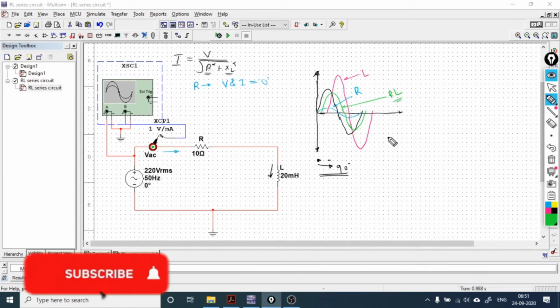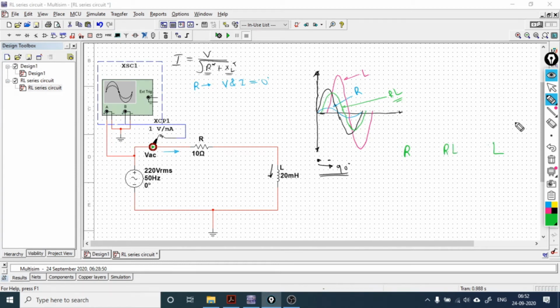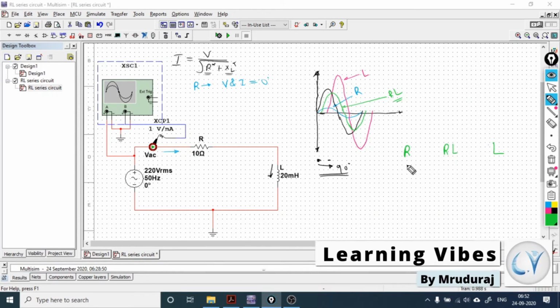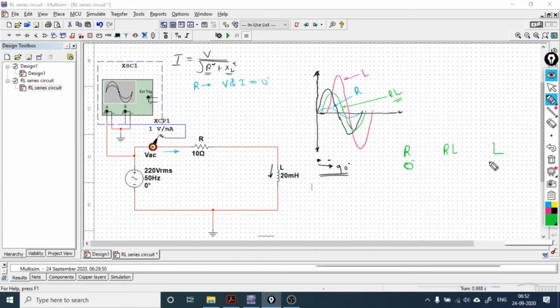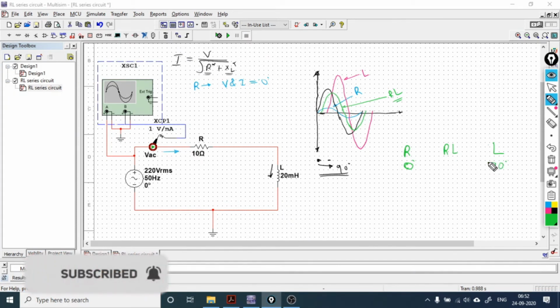So to understand this thing easily and to remember this thing easily, we'll just draw this thing R, RL and L, right? So when the circuit is purely resistive, there is 0 degree, and when the circuit is purely inductive, the lagging is of 90 degree. But when your circuit is RL, it is in between 0 and 90.